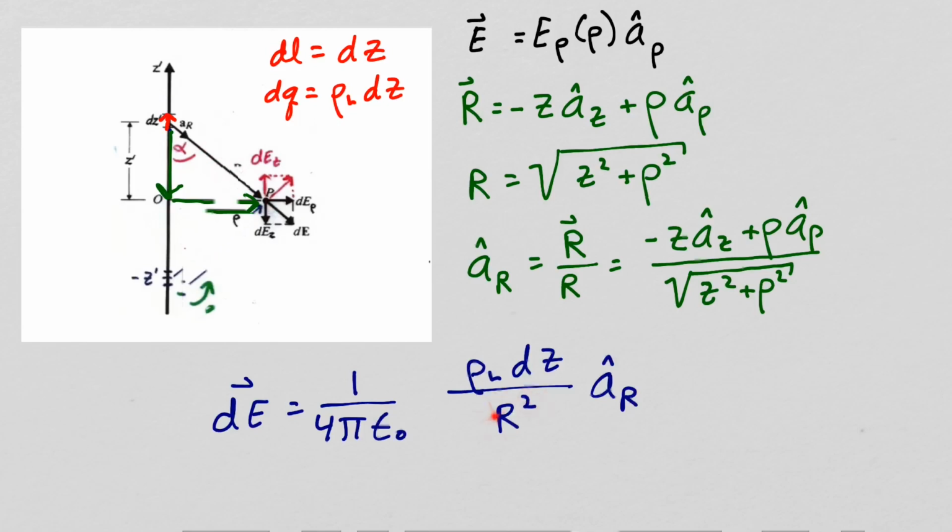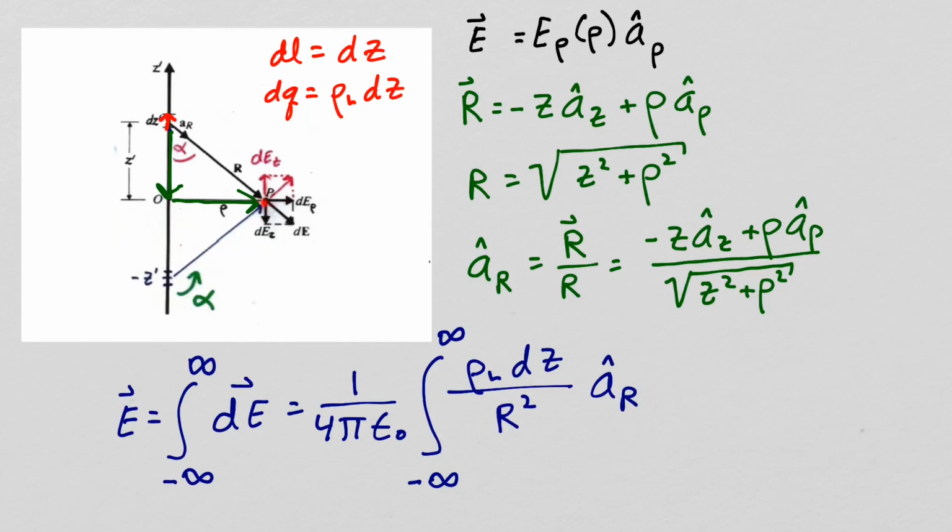To get the total electric field intensity at point P, you just have to sum up the contributions from each dq from minus infinity to plus infinity. The rest of finding the electric field intensity has nothing to do with electromagnetics, but has to do with performing this integration. Let me just outline a method for finding the final electric field intensity.